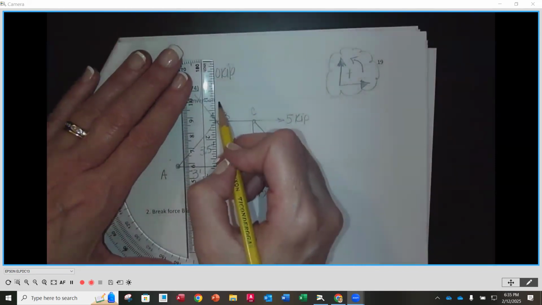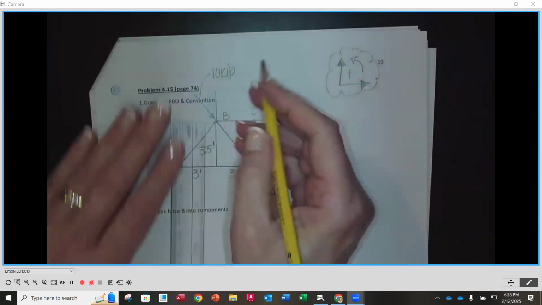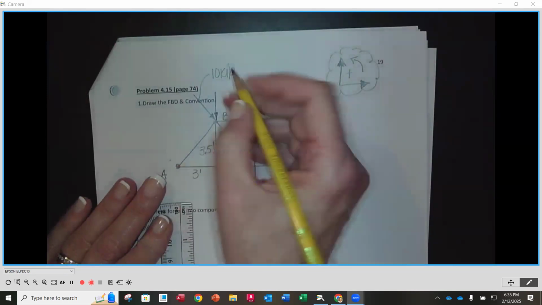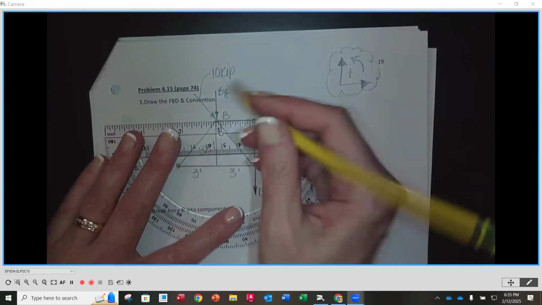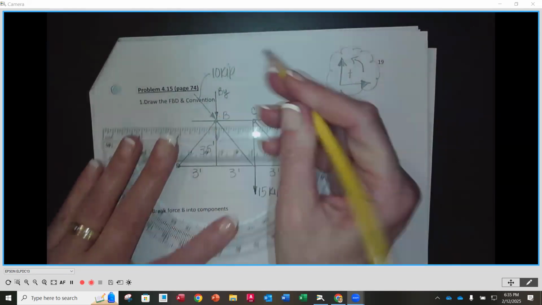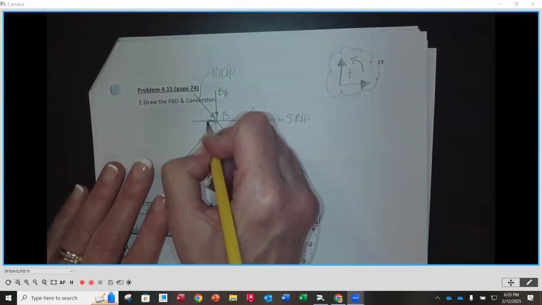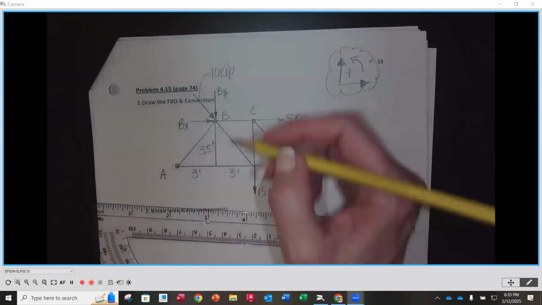We'll call them BY, because it's not giving us a force designation, and BX. Here's a little hint, because sometimes when you're doing these early on, you can say it out loud: if this force is going down and to the right, that means my Y has to go down and my X has to go to the right. So we're going to show those coming together there.